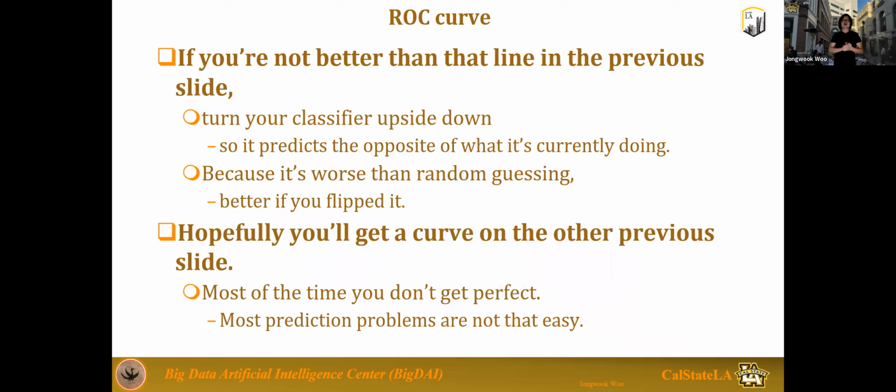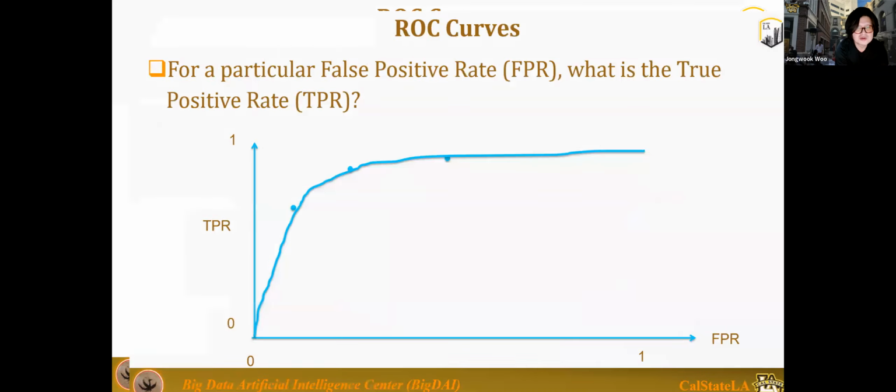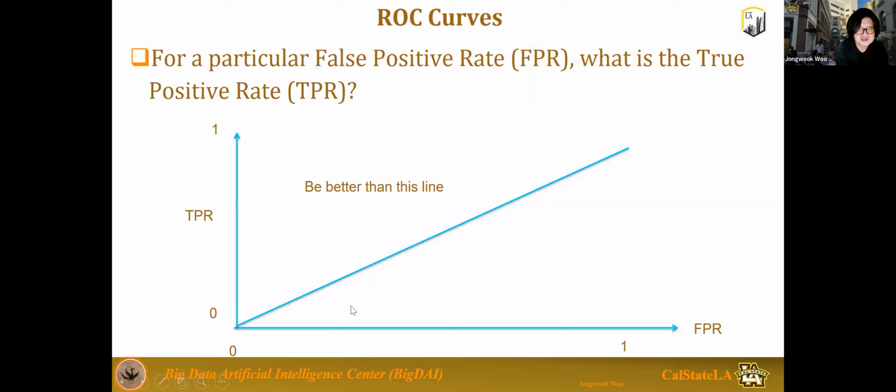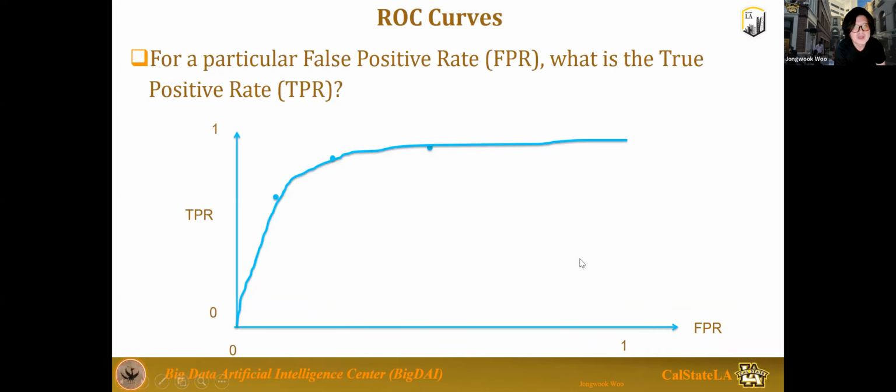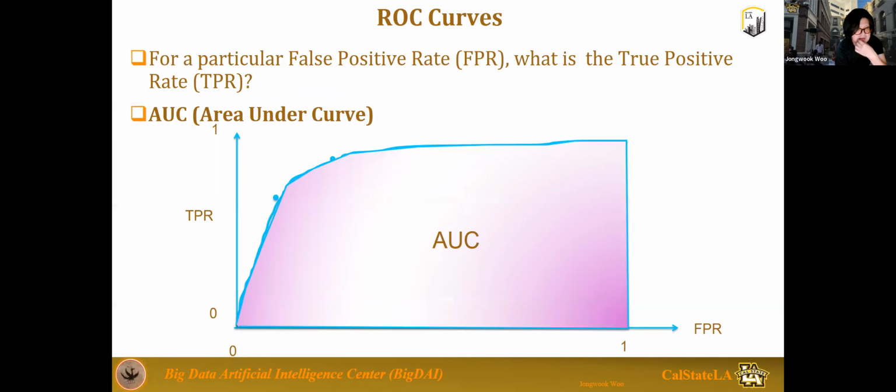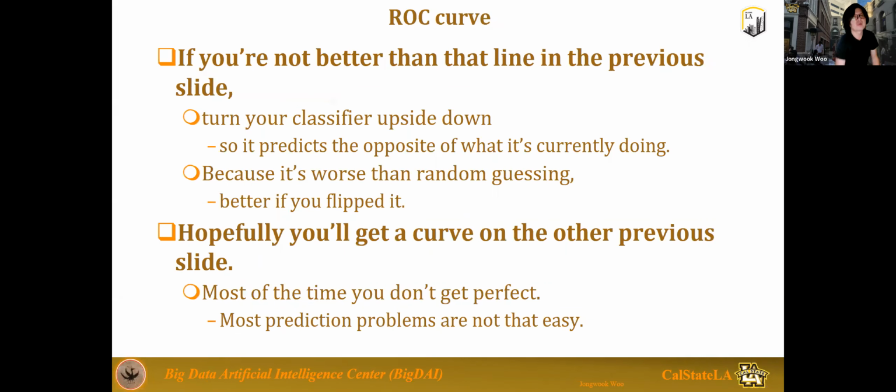However, for some reason after you build your own model, if your chart looks like this, that is below this line, then you can simply flip it upside down.